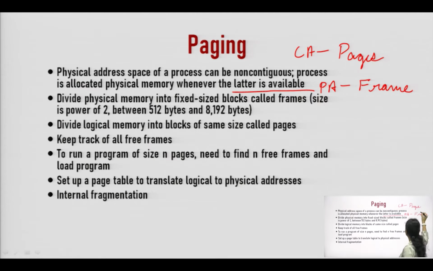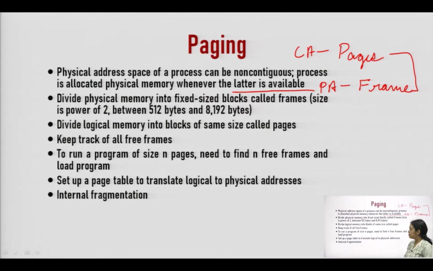One of the requirements is that the size of the page and the frame should be equal. Why? So that one page can fit into one frame of the physical memory. So, this is what we have here.